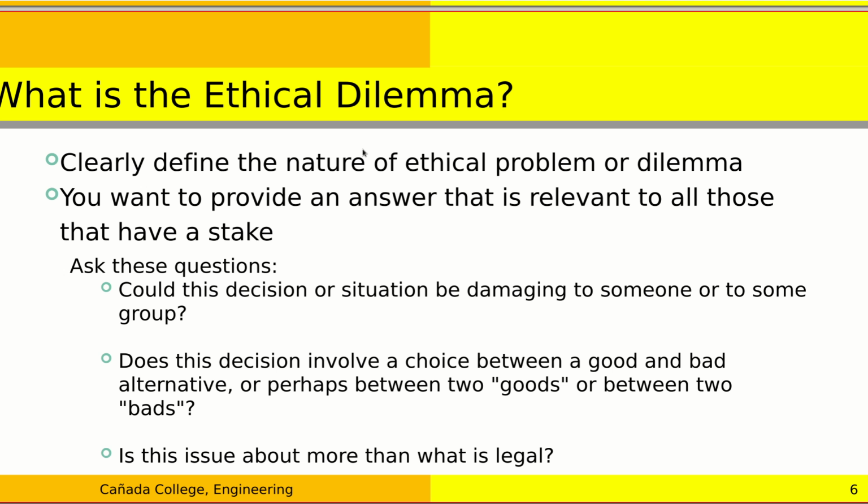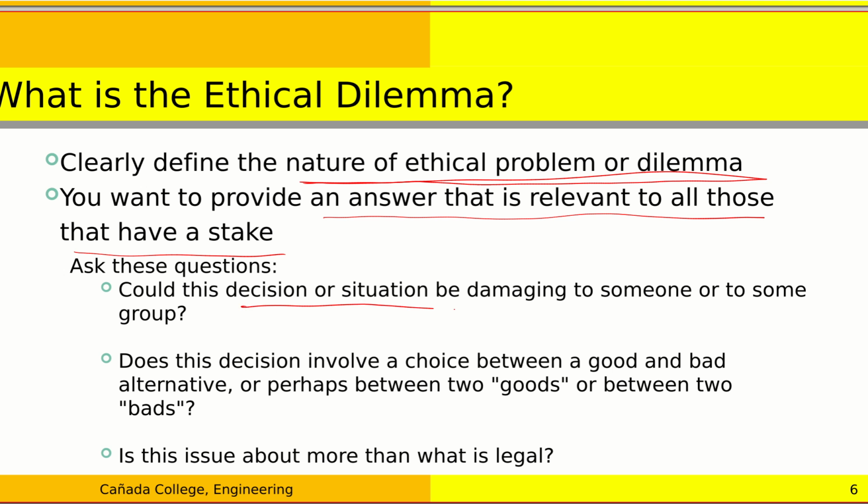So what is the ethical dilemma? What you're trying to do here is determine what type of ethical issue is arising from the situation you're in. Then you want to provide an answer or solution that takes into account everybody's viewpoints and is something that everybody can accept as the most appropriate solution. So you're asking questions.